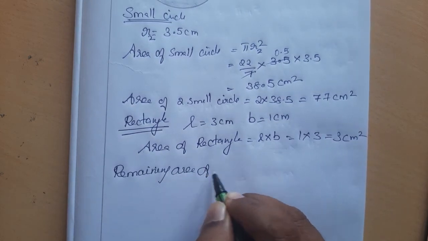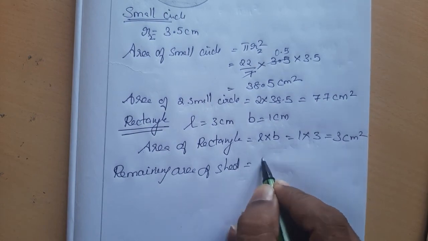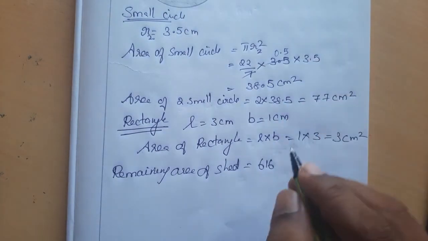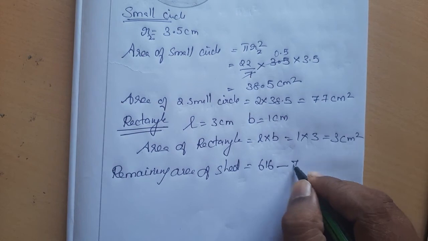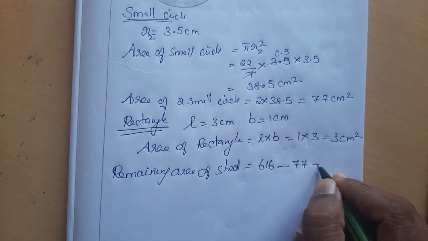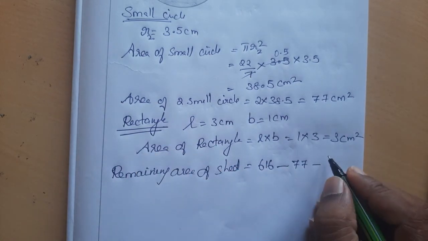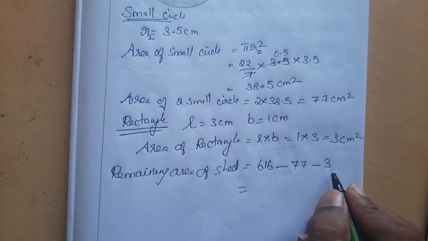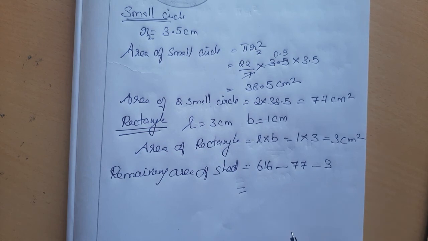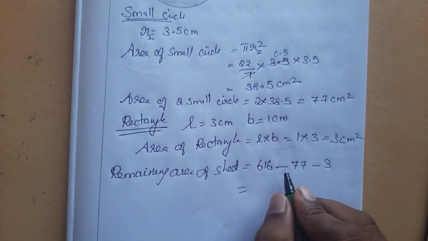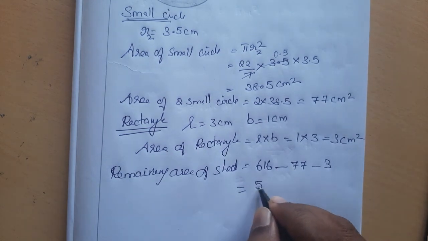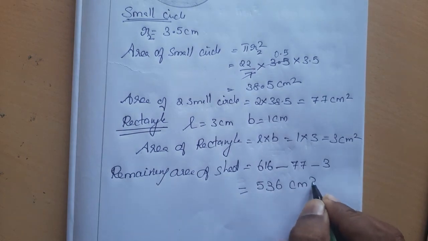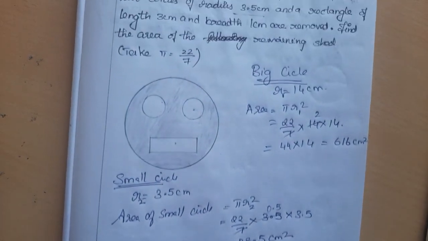Remaining area of sheet is equal to 616, that's the big circle, minus the area of the small circles, 77, and minus the rectangle also removed, it is 3. So we will get 77 plus 3 is 80. Then 616 minus 80 is equal to 536 centimeter square. So this is the remaining area.